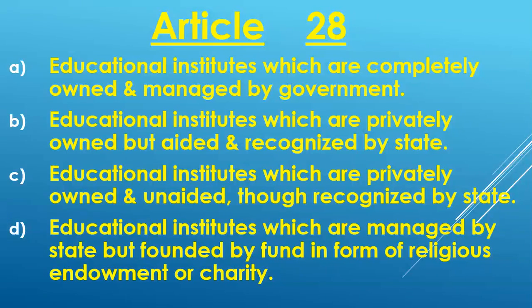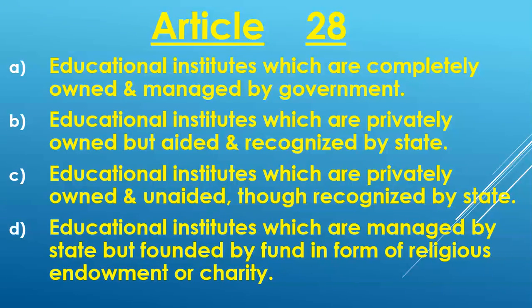Let me explain this with the help of an example. Suppose there is a particular religion, and there is an educational institute, suppose a college, and that college is made by the money received in the form of religious endowment or charity.